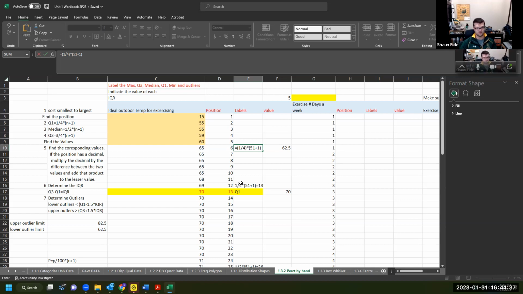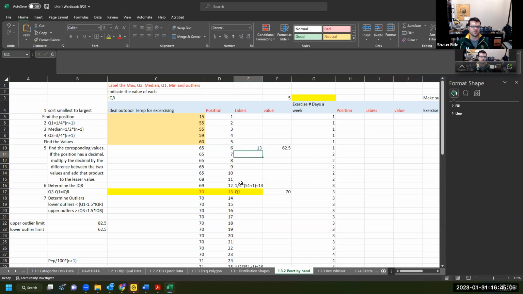So by adding that 1, it allows you to say 25% is below quartile 1 and 75% is above quartile 1. If you didn't add that 1, then you'd have to say 24% below, or 24.5% below, and 74.5% above, and it just wouldn't work. And actually, I think it'd be 25% below and 74% above.